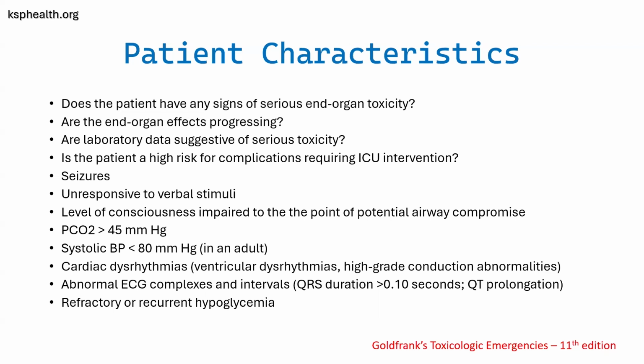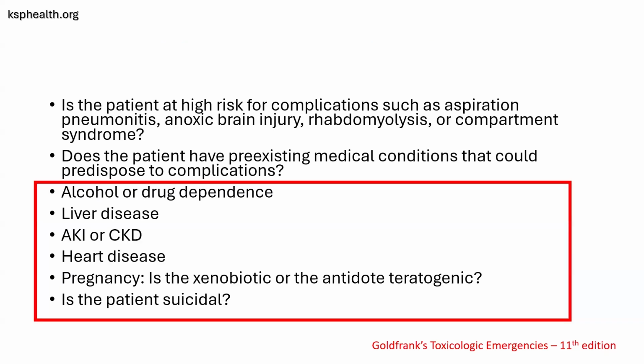Refractory or recurrent hypoglycemia: you have already given D50 or D25 or D10, but hypoglycemia is reoccurring. It is better to transfer the patient to the ICU and monitor closely. Is the patient at high risk for complications such as aspiration pneumonitis, anoxic brain injury, rhabdo or compartment syndrome?